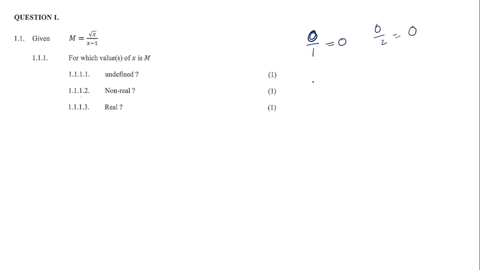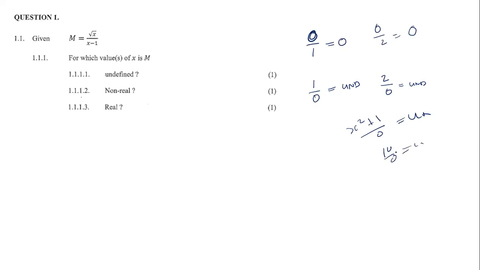But now if you have instead 1 over 0, what will be the answer to this fraction? It will be undefined. Even when you have 2 over 0, your answer will be undefined. Meaning anything, x squared plus 1 over 0, will be undefined. 10 over 0 will be undefined.